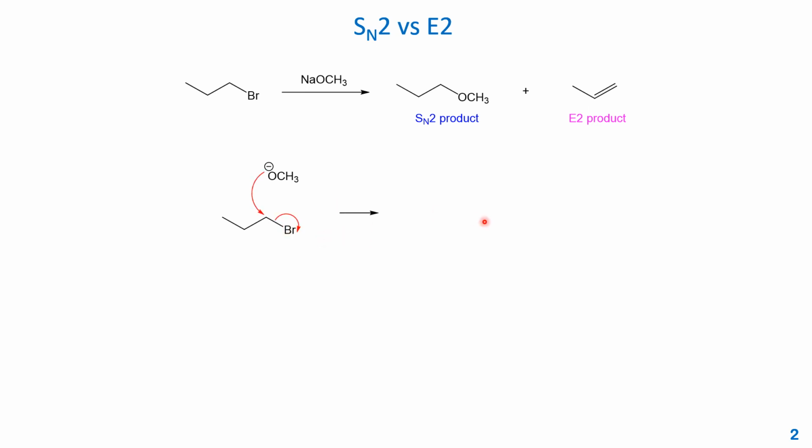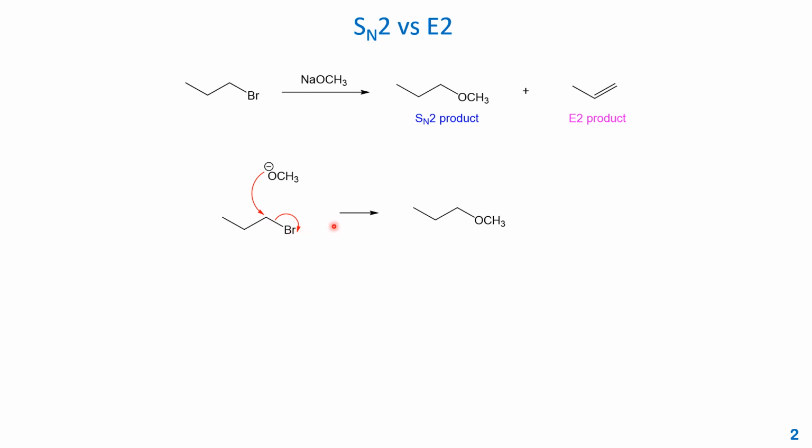In one step, you form this methyl ether as the Sn2 product. And the configuration of this carbon will also be inverted, or you can say flipped. This is important if this carbon is an asymmetric center. And backside attack is required for the Sn2 reaction.